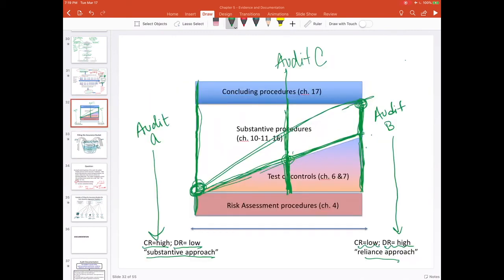In other words, they moved from here in the middle with control risk at moderate to here with control risk at low. So that's going to require less substantive work, but more TOC work.